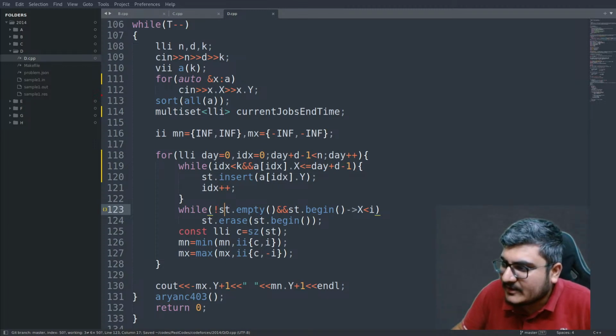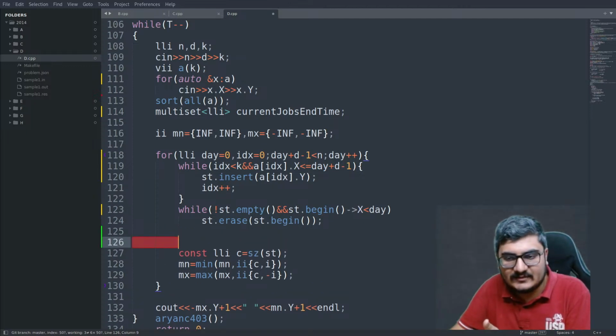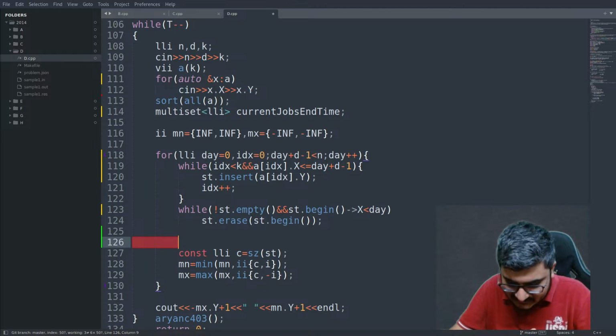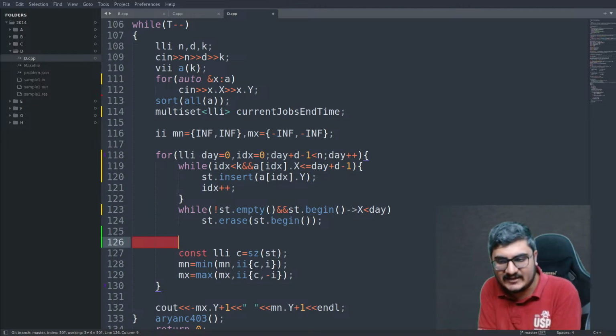While the set is not empty and our current job's end time is less than our current day, these are the already expired jobs, so let's just erase these jobs. Now whatever is in this set is the jobs I would be working on. Because when I am at the current date, I have inserted all the jobs which have started before today into the set.